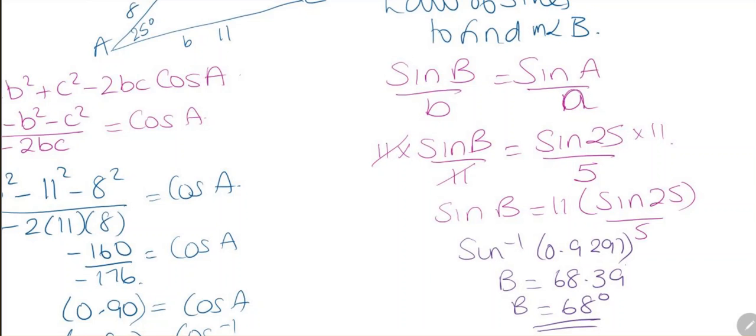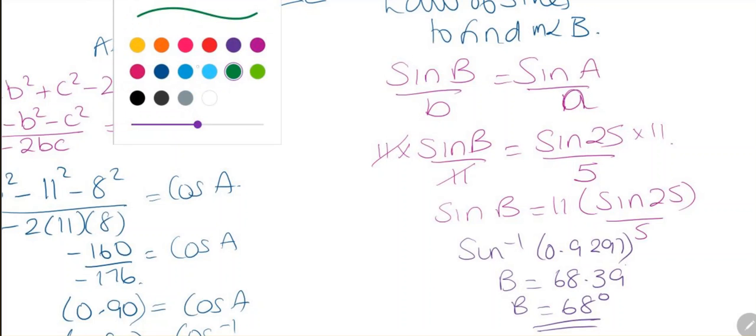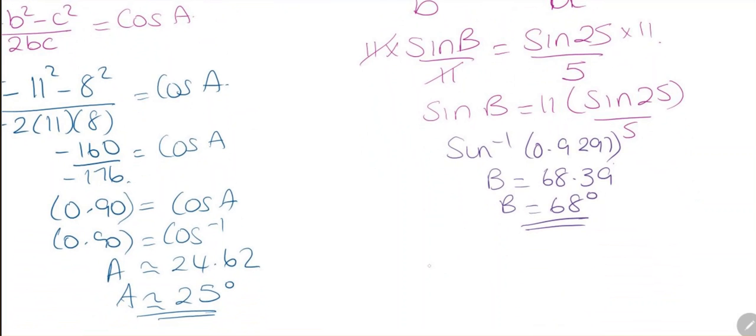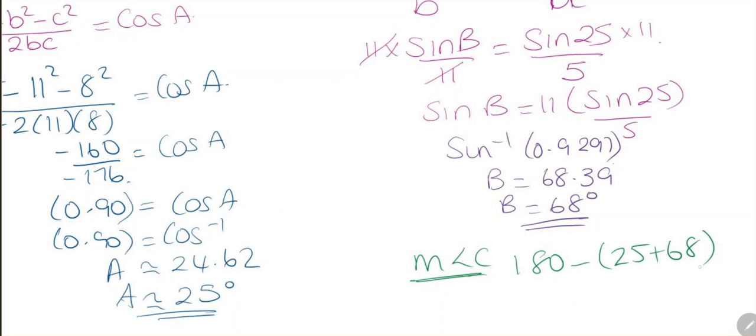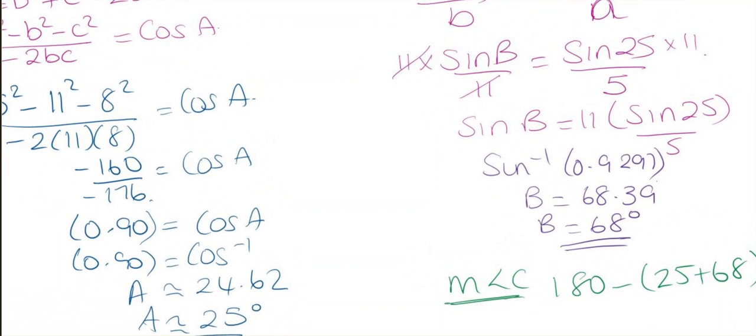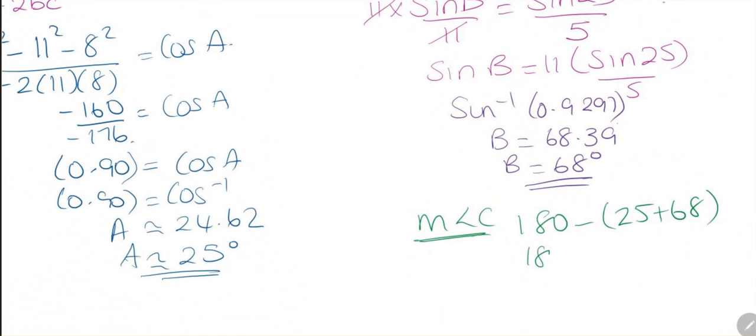So we know both angles. So we have to find angle C: 180 minus 25 and 68, which is 180 minus 93.